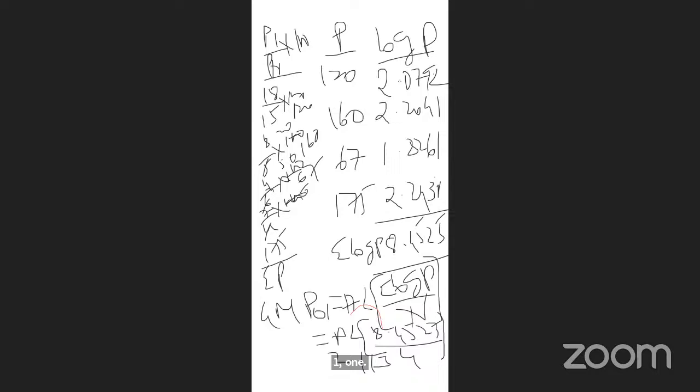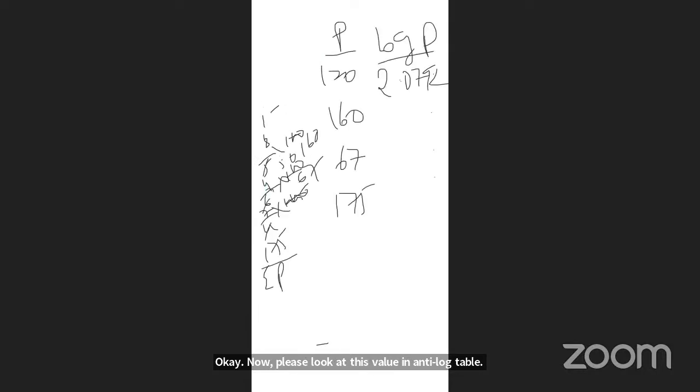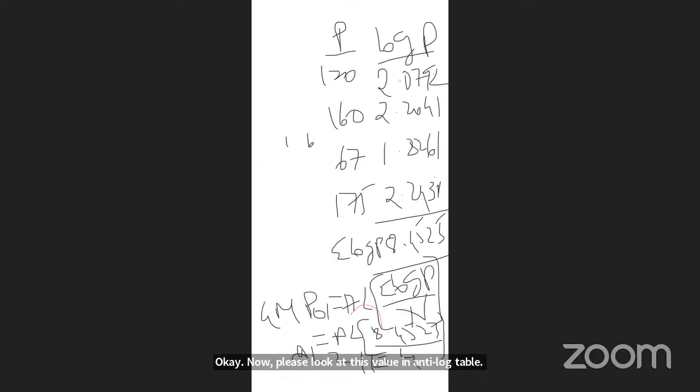Okay. Now, please locate this value in the anti-log table. 2.11. 0.11 under 3.